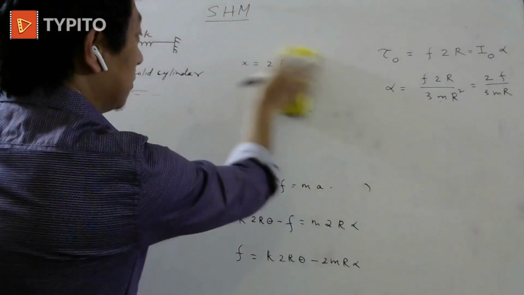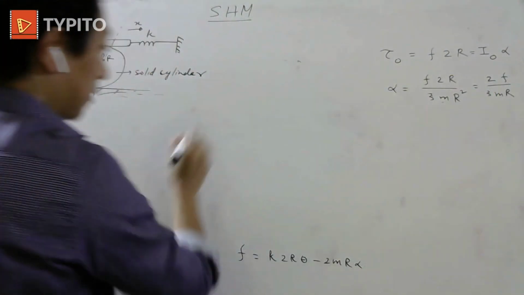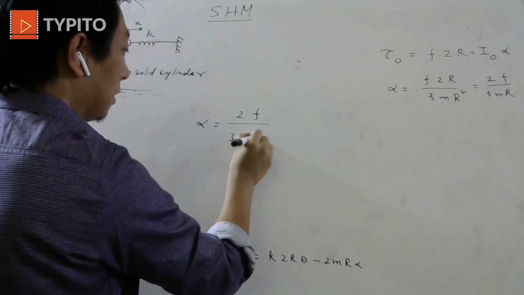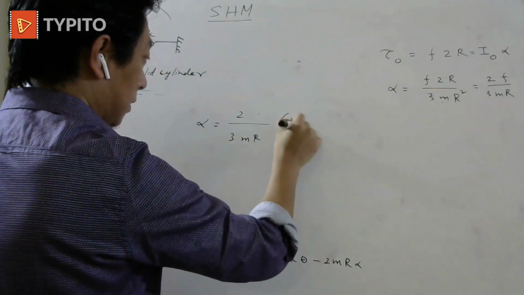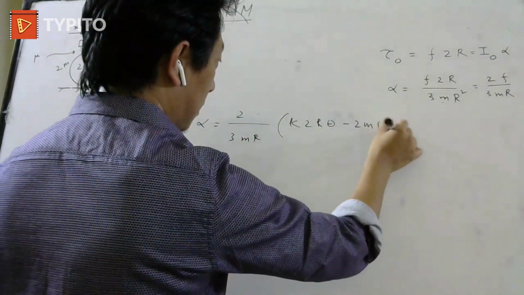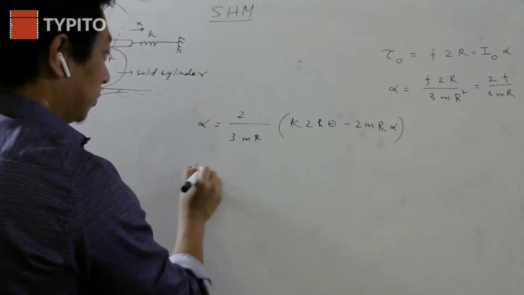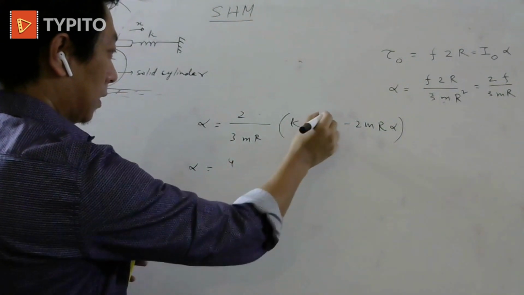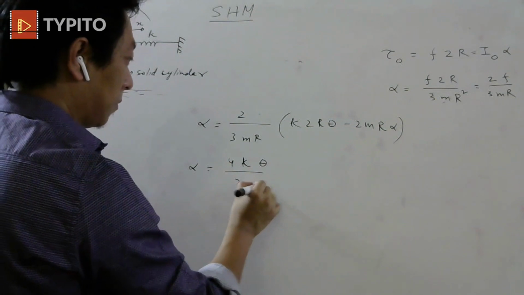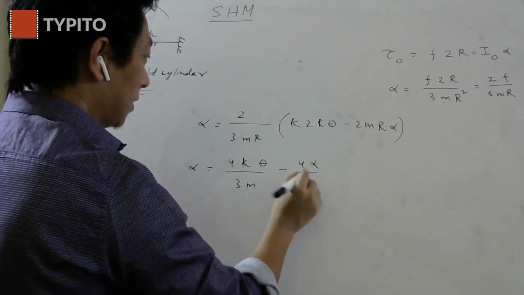So let us now substitute this friction in this equation. Alpha will be equal to 2f by 3mr, and what is f? K into 2r theta minus 2mr alpha, right? It is the friction. If you open this, you get 4, and r will cancel: k theta divided by 3m minus 4 alpha divided by 3.